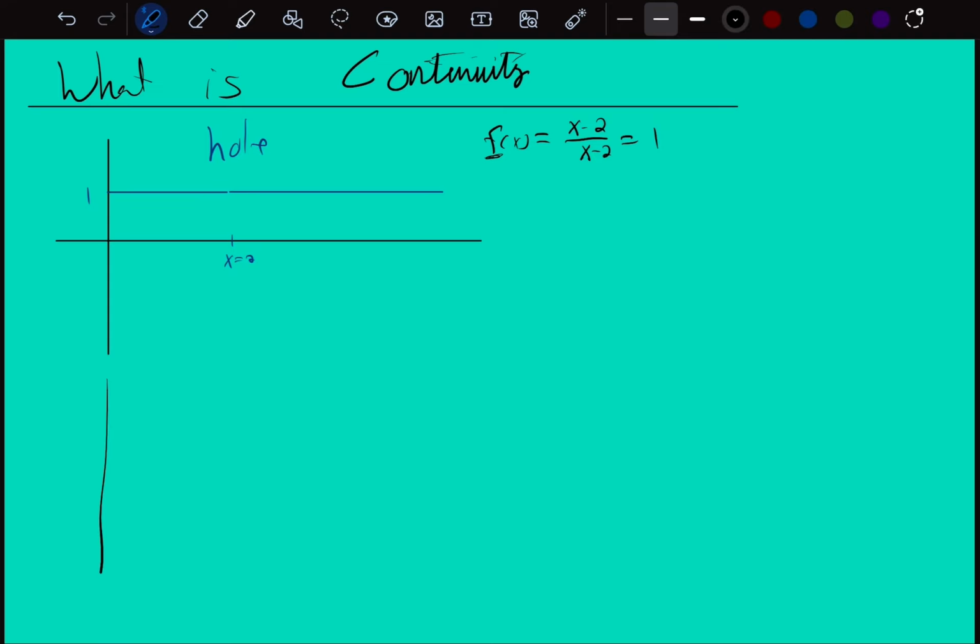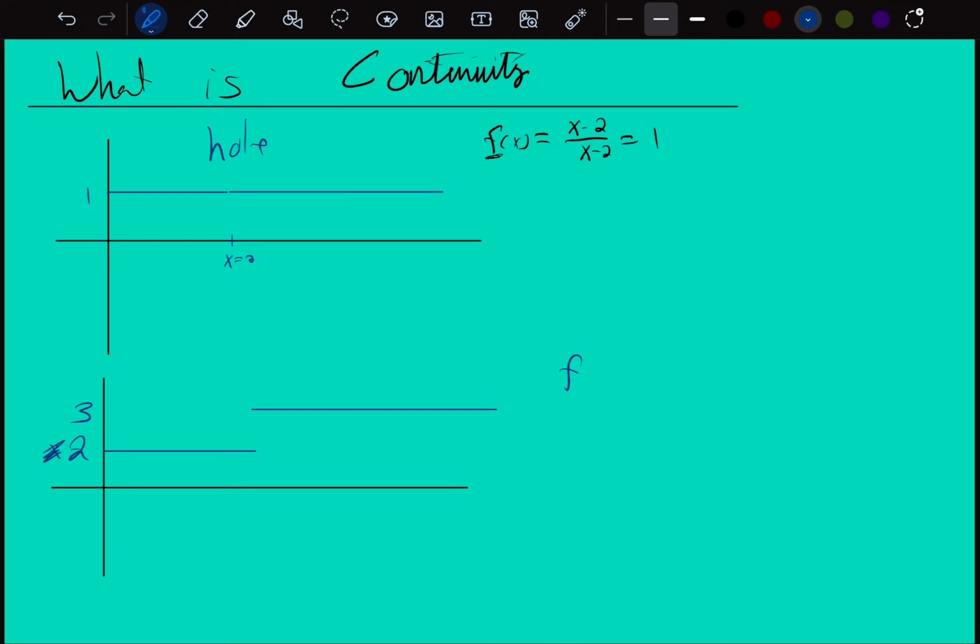We also have something called a jump discontinuity. Discontinuity just means not continuous. A jump, let's draw it first. This is not f, just 2 and 3.